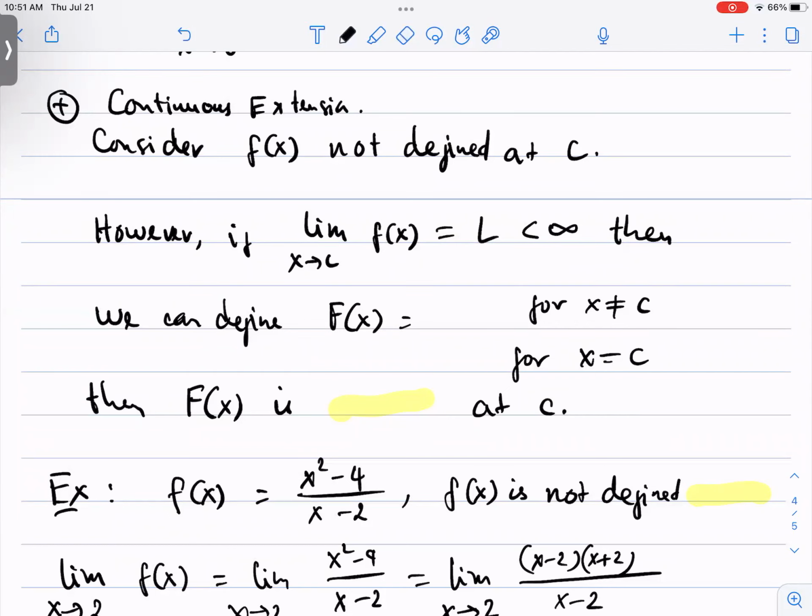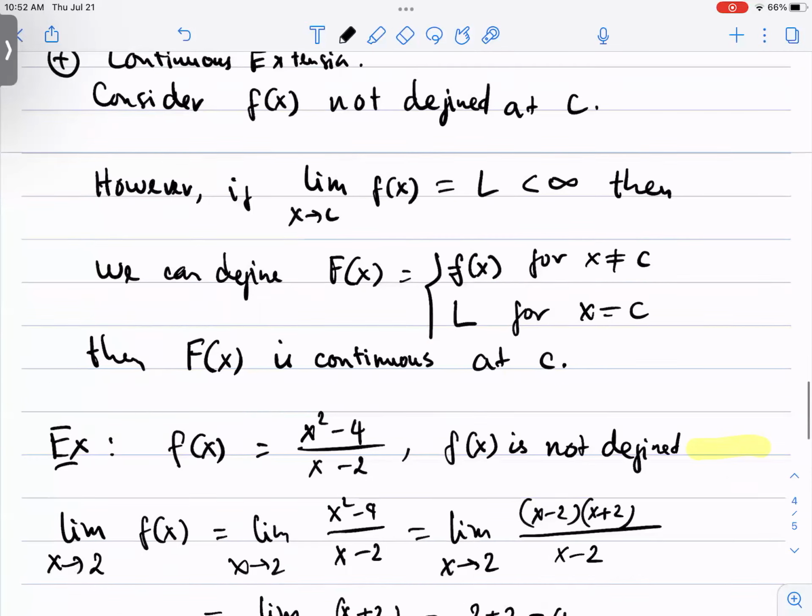This function is given as follows. It is equal to the ordinary function small letter f of x for x different from c, and is equal to L for x equal to c. In this way, the function capital F of x is continuous at the point c.